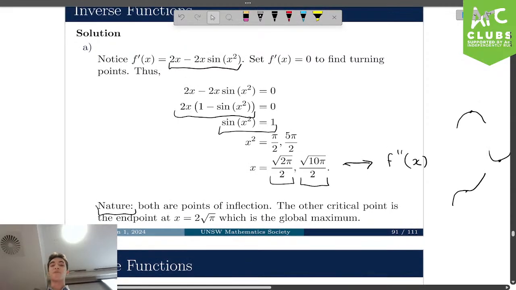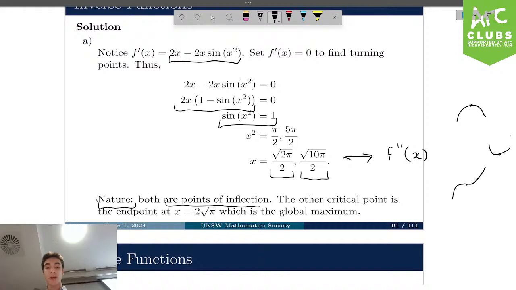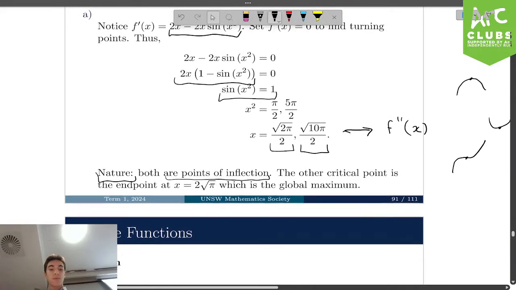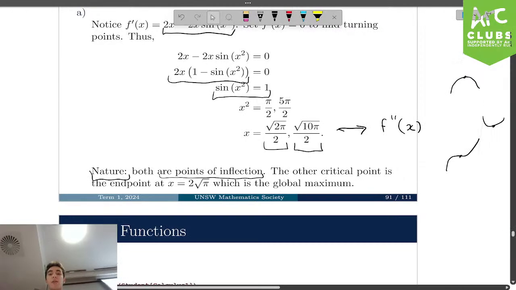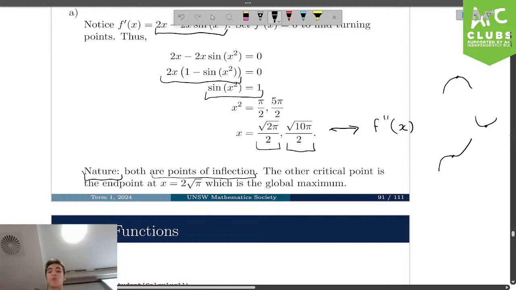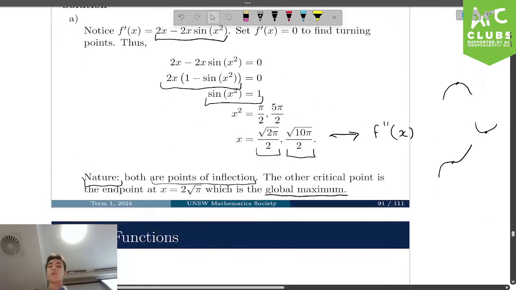But we don't have enough space on the slide to actually do that. If you did that, then you would find that these points are points of inflection, okay? So points like these. And that the other critical point is the endpoint of the interval, right? Which is x equals 2 root pi. And it's also the global maximum across the interval that we're given, okay?